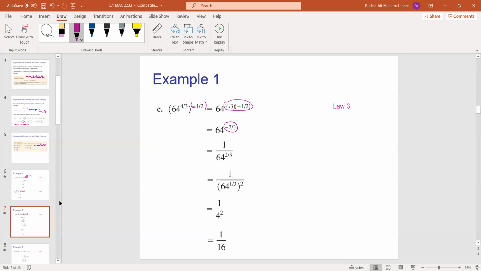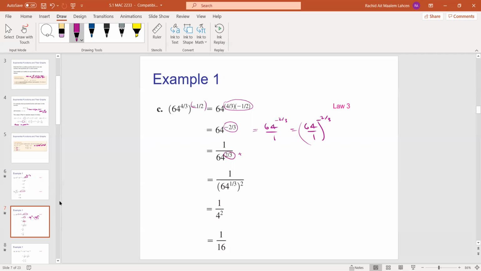A negative exponent means the base becomes positive. Use the reciprocal, so it's 64 over 1, to the negative 2/3. You can think about it this way if you want to, or you can just think about it this way.